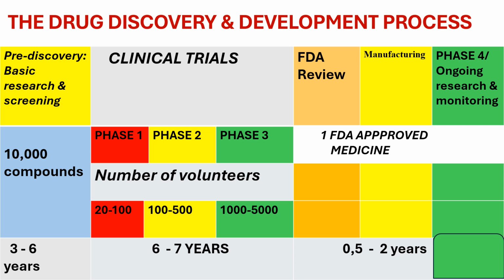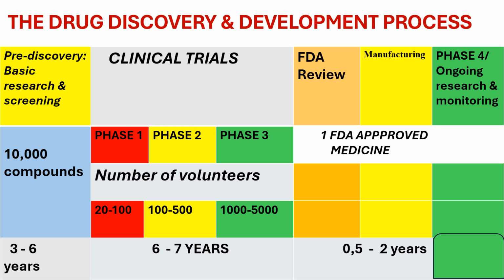On the slide, from left to right: pre-discovery, basic research and screening. 10,000 compounds are screened, taking 3 to 6 years. Then we move to clinical trials, phase 1, phase 2, phase 3.